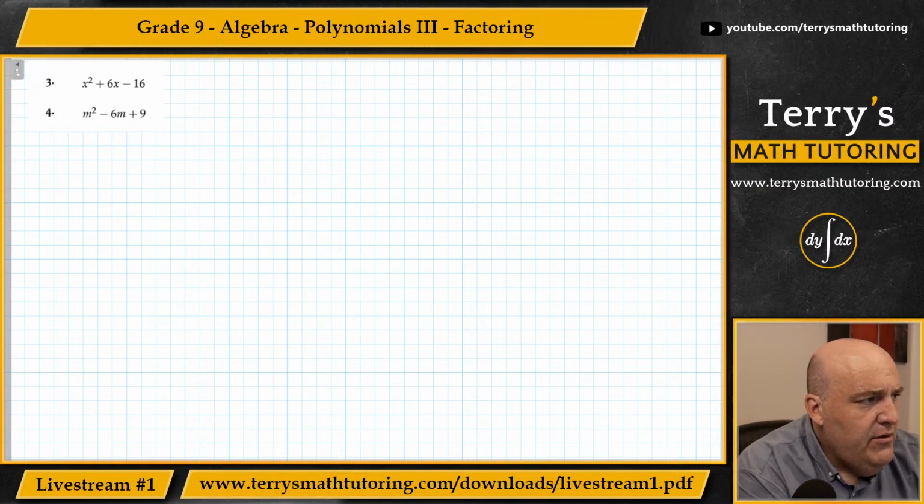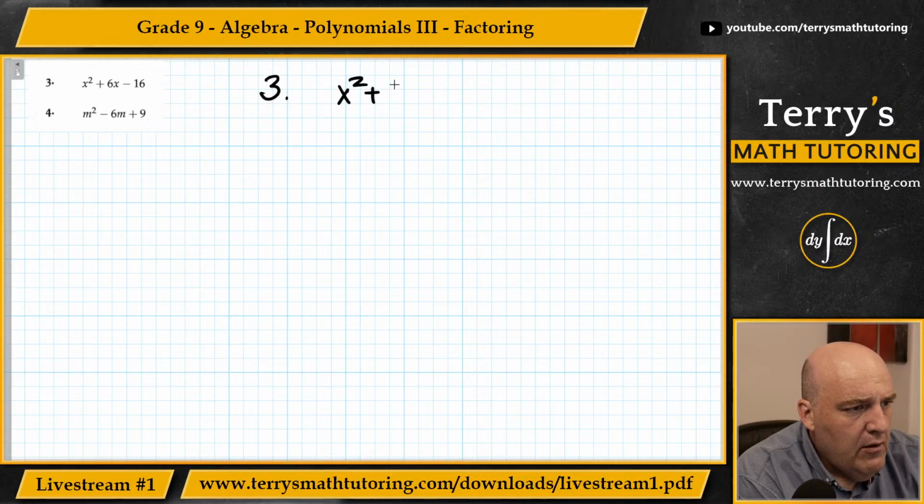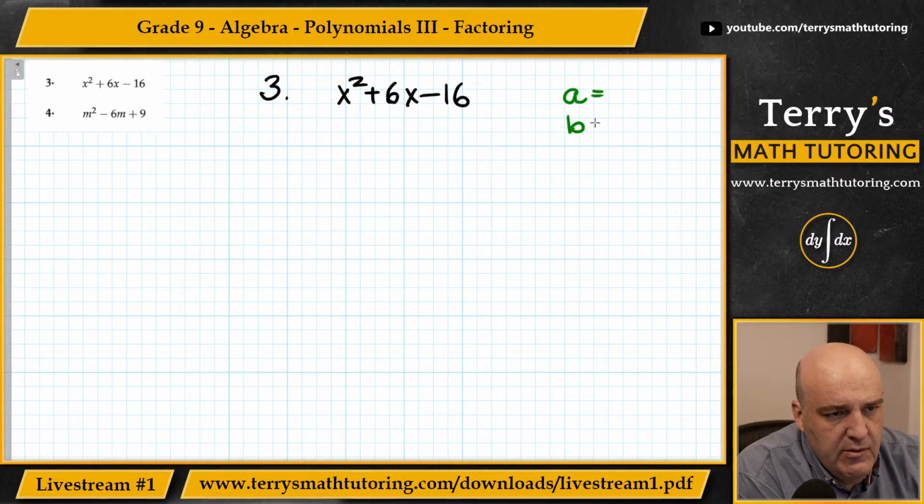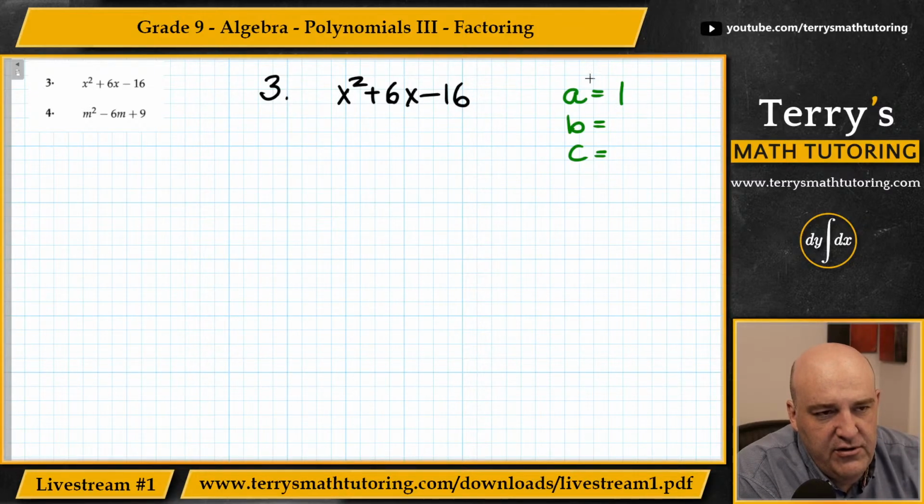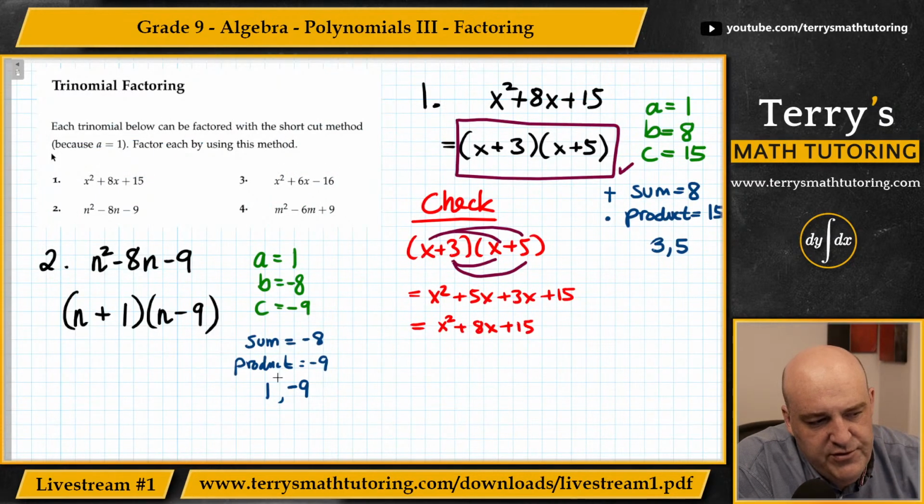So let's take a look at number 3. Let's identify a, b, and c. Later on, we'll stop doing this, but just since we're starting out, let's get in the habit of that. So a is a hidden 1. That means the easy shortcut method is available. What I mean by the shortcut method is once you know these two numbers, you can go straight to the answer, okay?